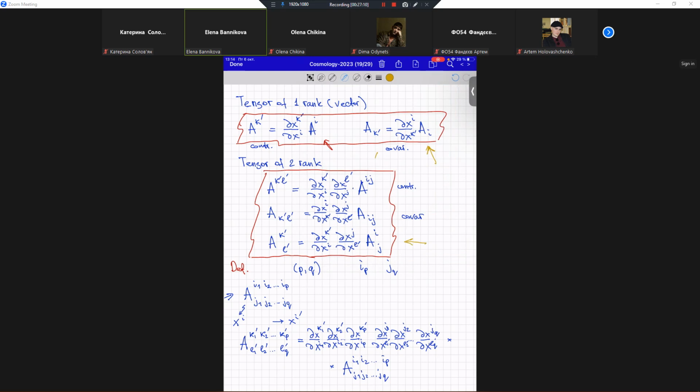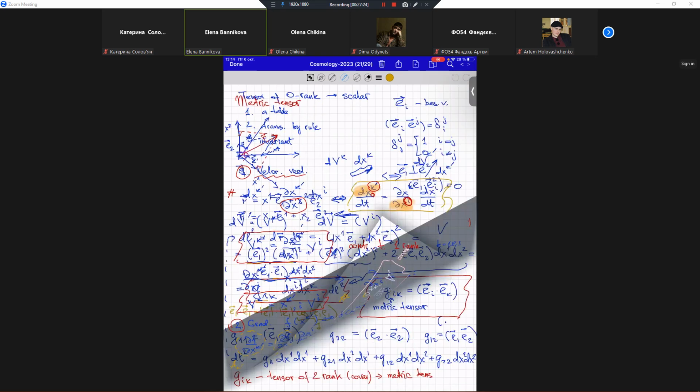This is exactly what we obtained for the tensor of the second rank with co-contravariant components. Okay, so we will use it now.